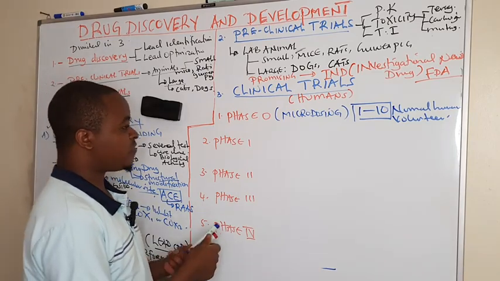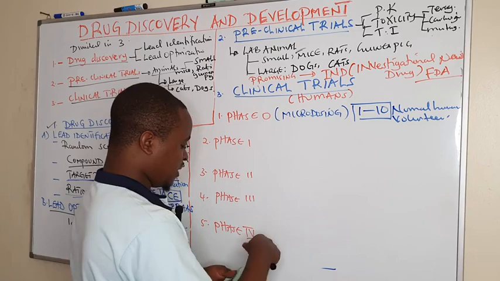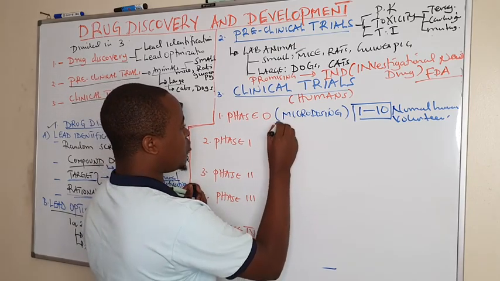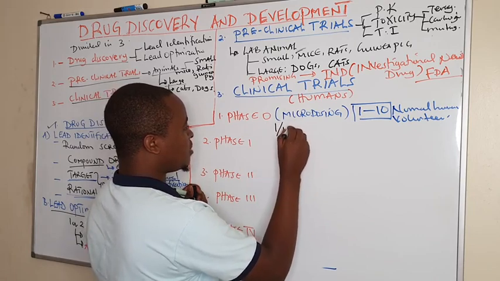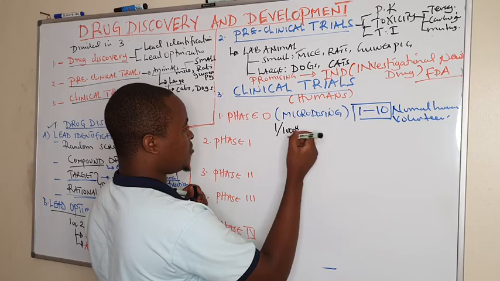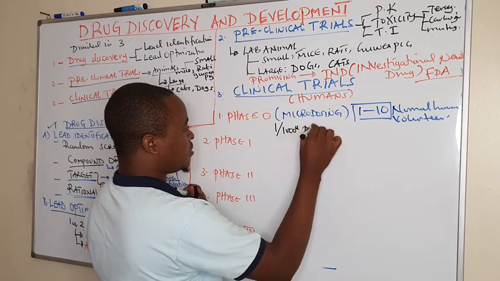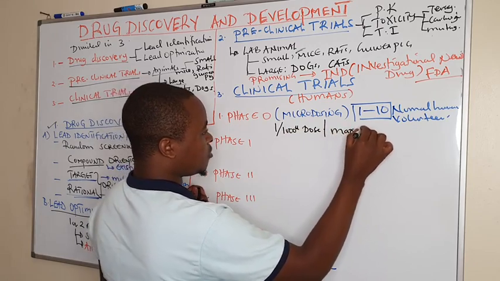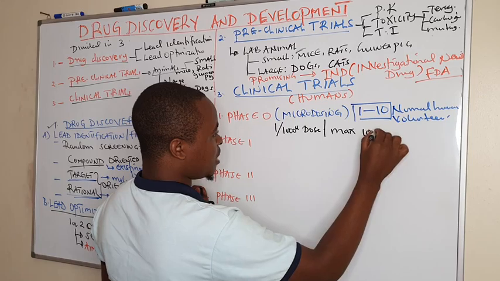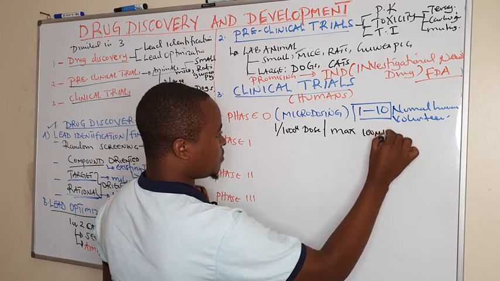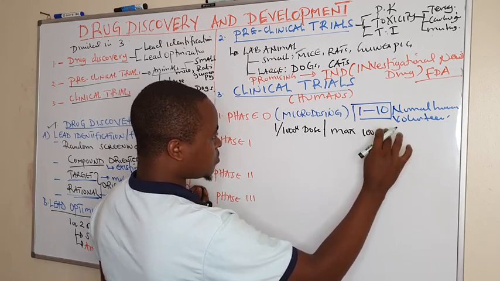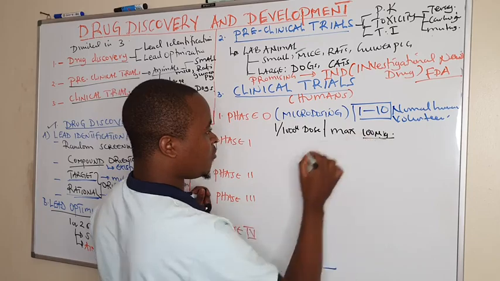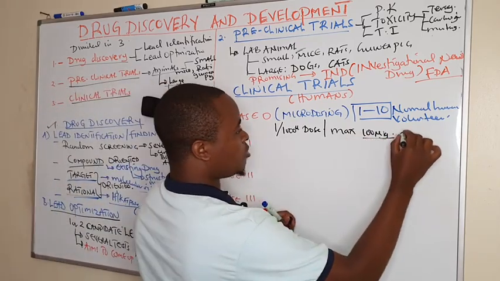Here we subject these volunteers to small doses, like 1 out of 100 or 1,000 of the normal dose, or we use a maximum of 100 micrograms.